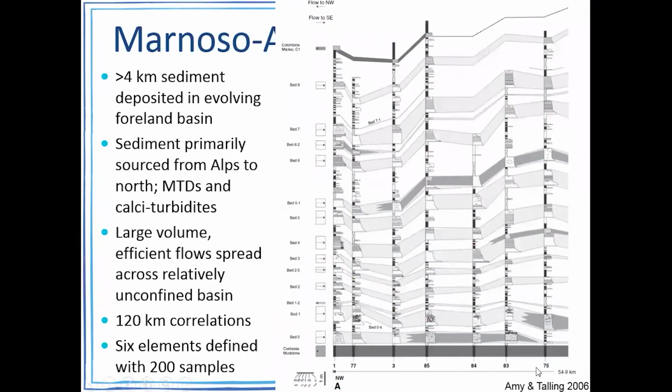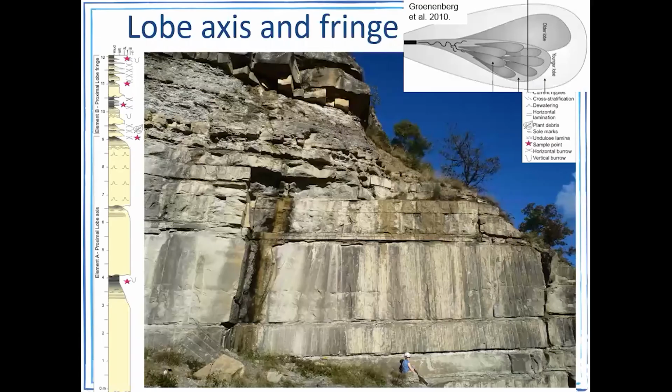Previous workers have been able to correlate on a bed-for-bed scale across more than 120 kilometers downstream, giving us a really nice framework to go in and sample in this type of setting, recognize a range of depositional elements, and collect hundreds of samples to test what the organic matter looks like in this type of setting and how it may vary across the system.